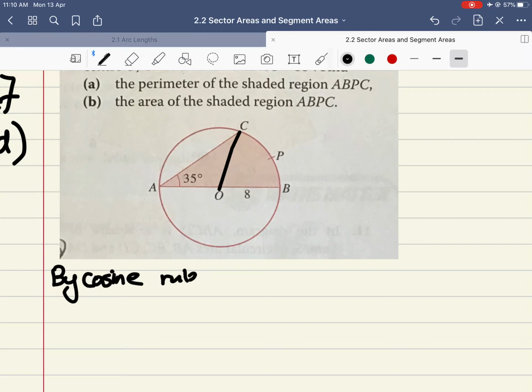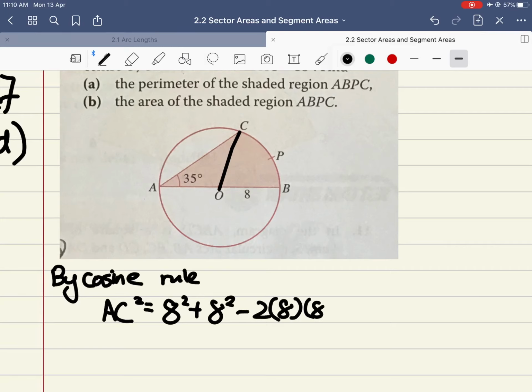So first and foremost, by cosine rule, AC square is equal to 8 square plus 8 square minus 2AB cosine. Alright, forgot to find the angle just now. If this is 35, this is also 35. It makes this angle 110 degrees.